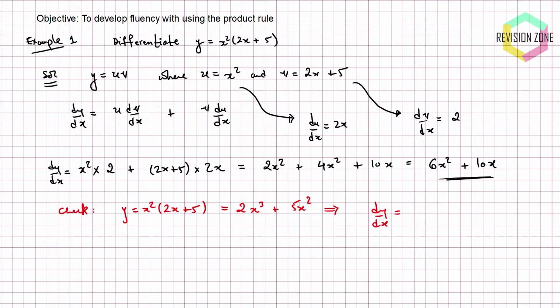When we differentiate the first term, 2 times 3 gives me 6, and then I'm going to have x squared because I subtract 1 from the power 3 to get 2, and then the 5x squared differentiates to give me 10x. So indeed, we have worked out the derivative in two ways, and we get the exact same thing.